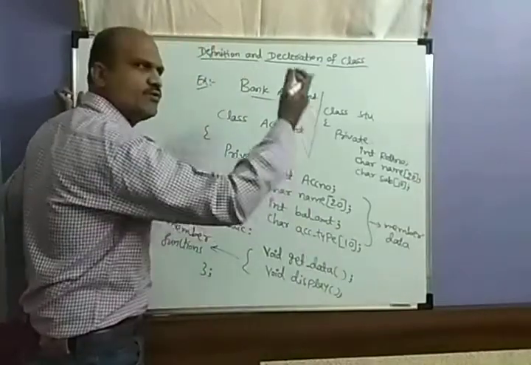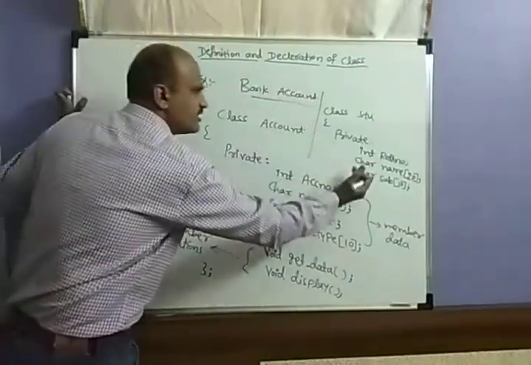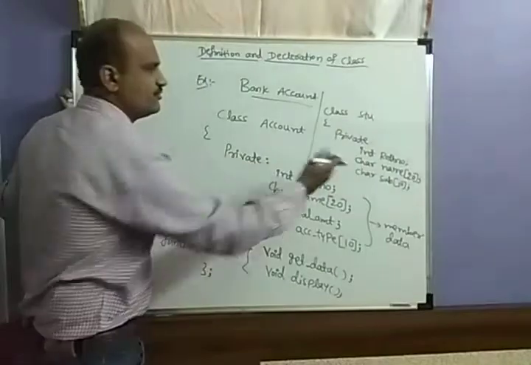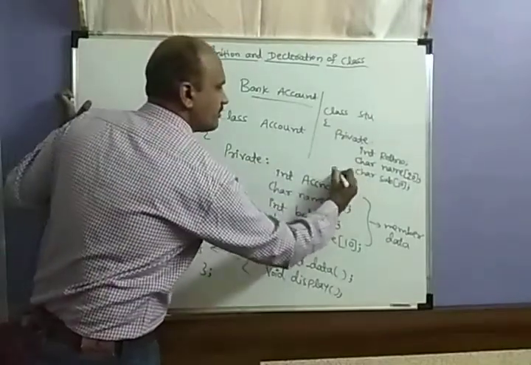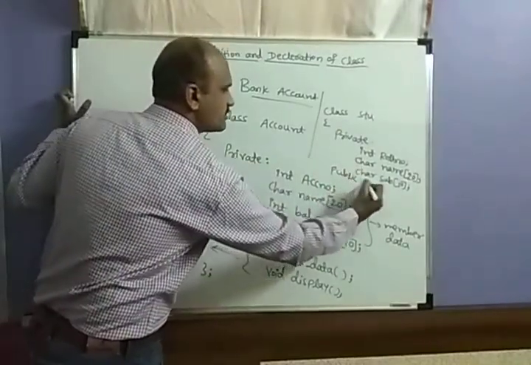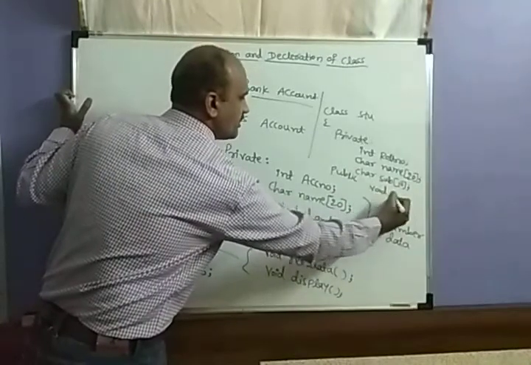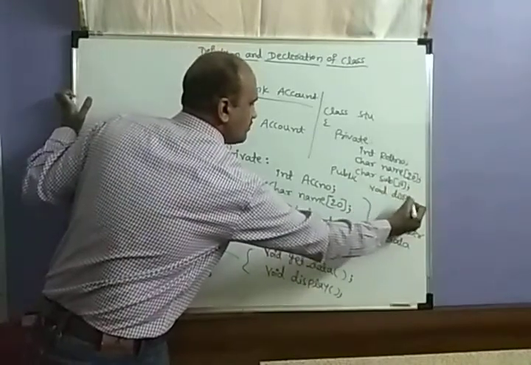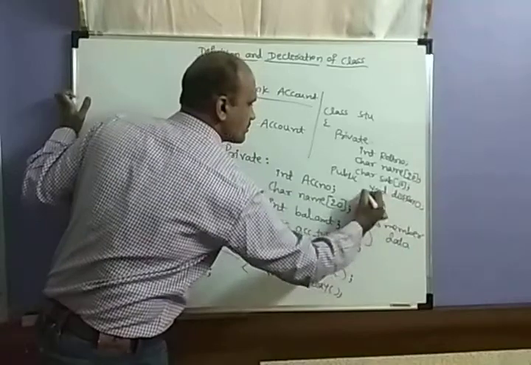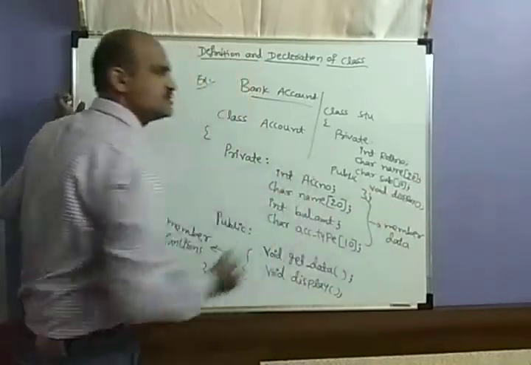So like this we have phone number, address, whatever is related to this particular class you can declare in the private. Then in the public you can call some functions, same void display. Like this we can use the functions. Close the brace and semicolon.